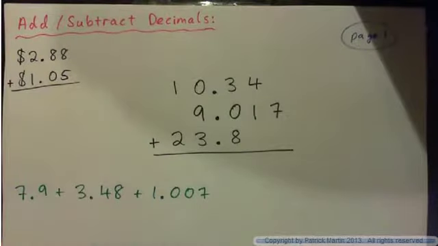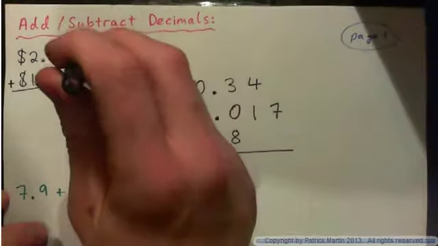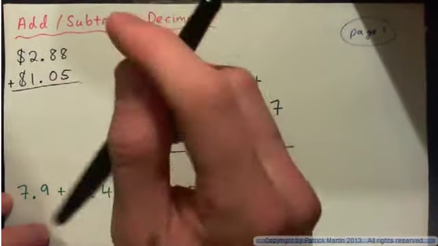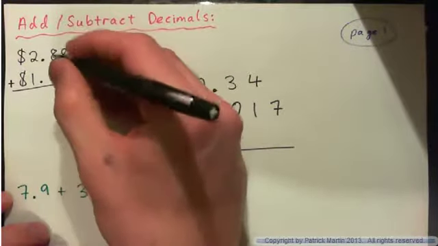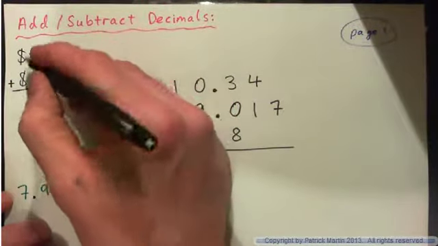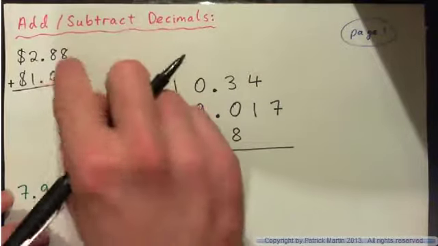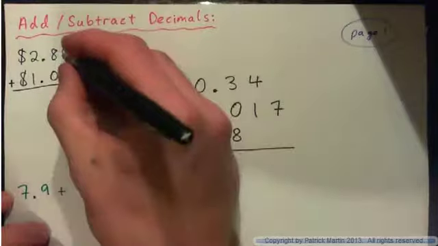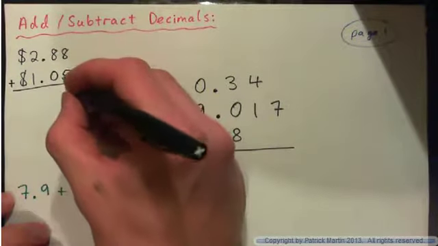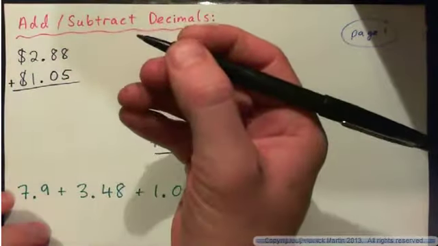page 1. And we'll straight away just remember money, adding money together, $2.88 plus $1.05. Hopefully we know that we've got to add the cents and then the tens and then the dollars, right, basically. So you line them up like this, cents, tens and dollars, then you add. Now 8 and 5 is 13, so that's 13 cents.